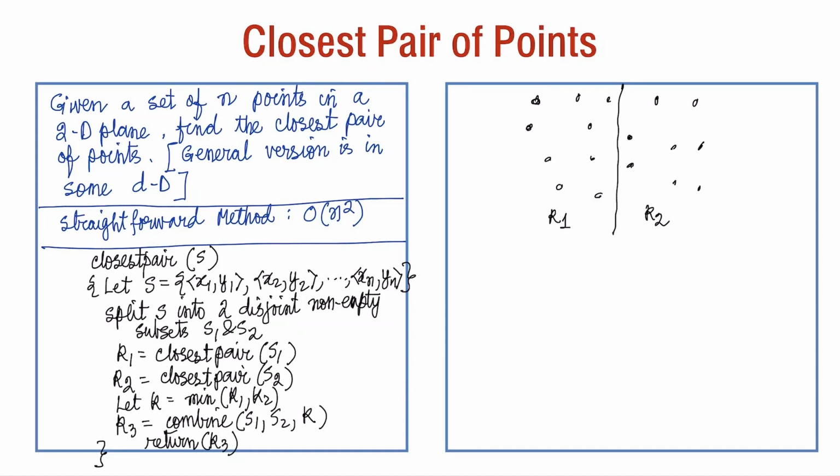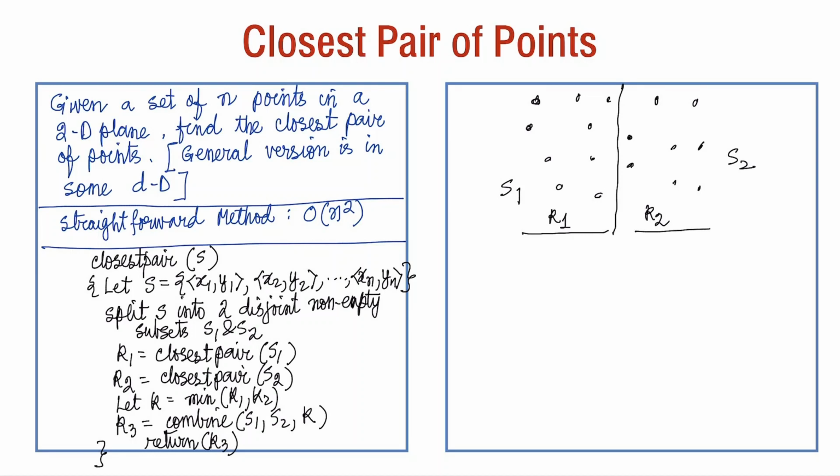So this is our algorithm. Our algorithm finds K1 from subset S1, K2 from subset S2, and then compares S1 and S2. Now, our trick is how do we compare S1 and S2.